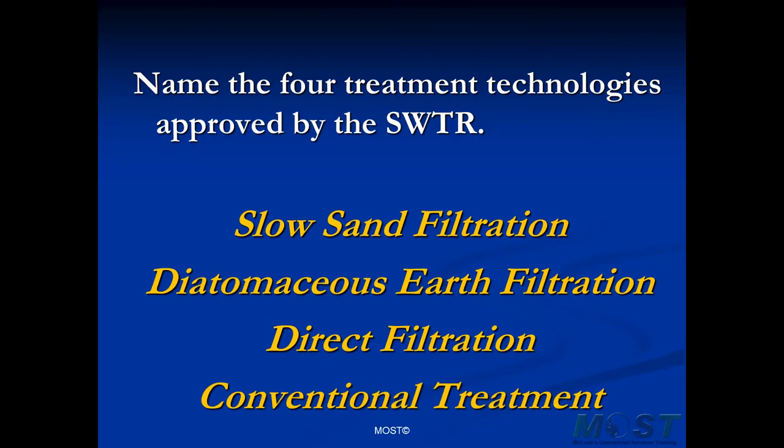You can use other technologies conceivably, but you have to have special advanced approval to incorporate any of those. These are the officially approved technologies by the Surface Water Treatment Rule. And again, the objective here is the first barrier of the Surface Water Treatment Rule, the physical removal of pathogens.